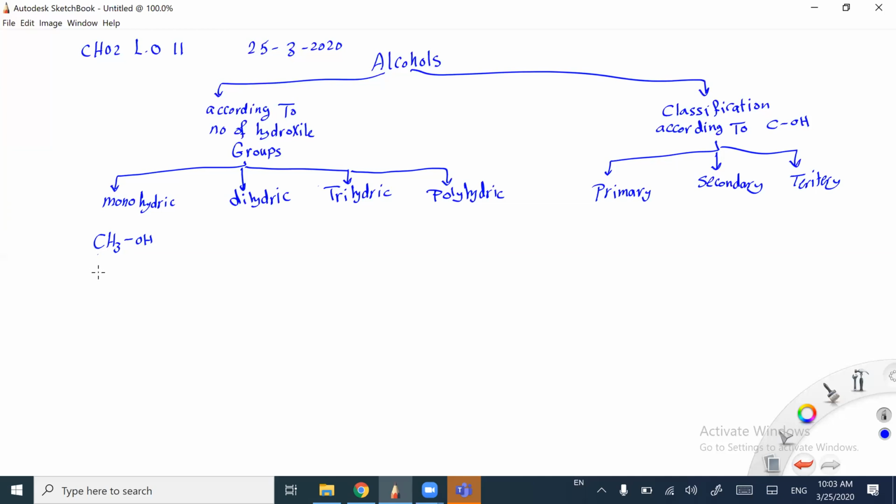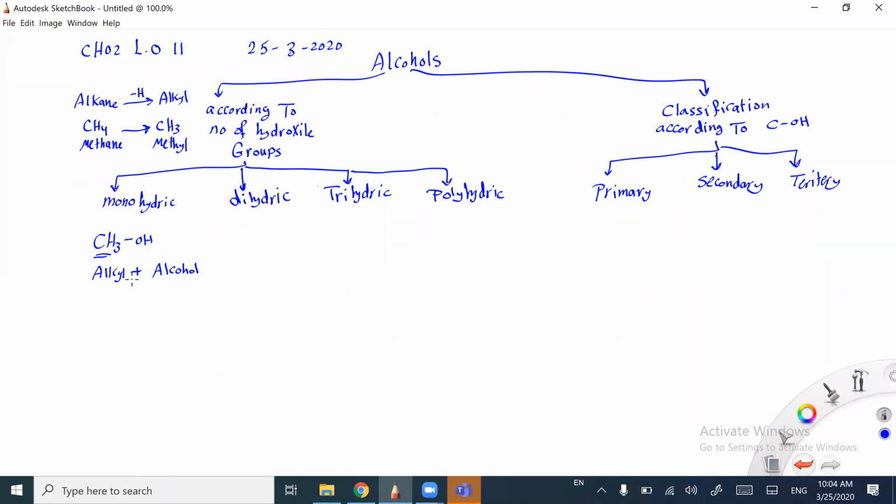According to the commercial system, we add alkyl. This is called the alkyl, CH3. Alkyl comes from alkane, and we remove H, so it will be alkyl. Like methane, CH4, it will be methyl, CH3. Alkyl plus alcohol.